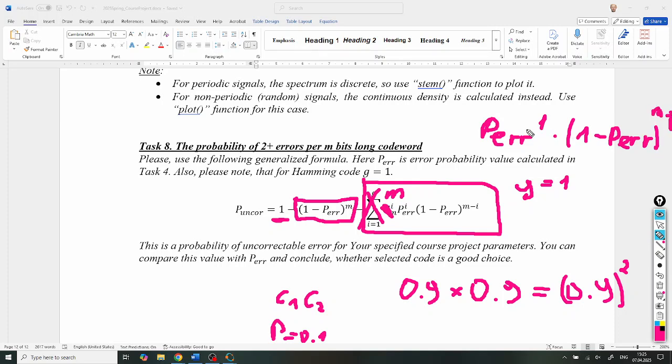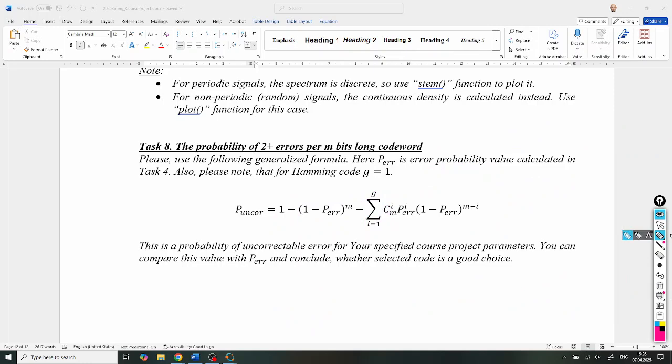So that means you receive one symbol with error followed by m minus 1 symbols without error. So this is one error per code word, and it can happen in m possible ways. So we subtract that also because this is a guaranteed correction from our Hamming code. So Hamming code can deal fine with this type of errors. And what is left over is anything that Hamming code will not be able to deal with. So we'll find that probability by calculating this formula.